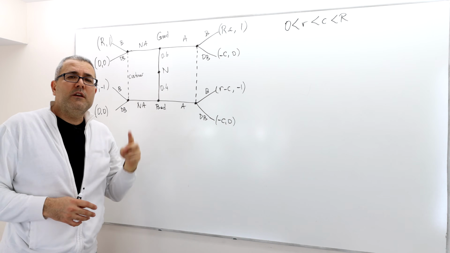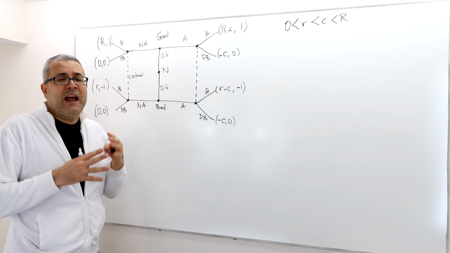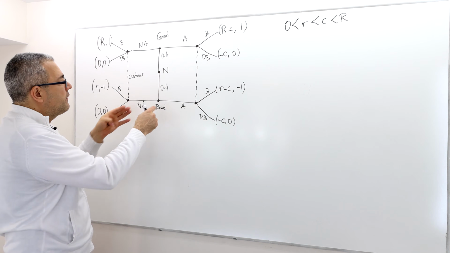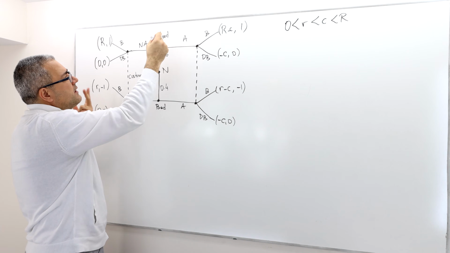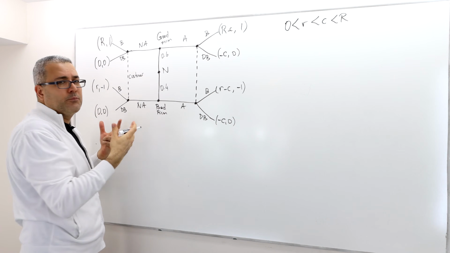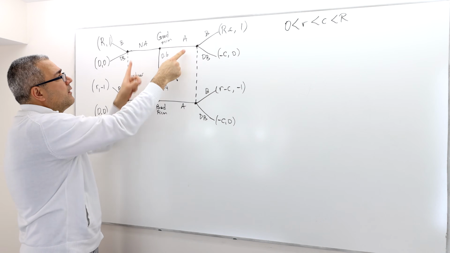Whether good or bad, the firm is going to either advertise or not advertise. So here I have the firm with a good product, and this is the firm with a bad product. And the firm either advertises or not, okay?